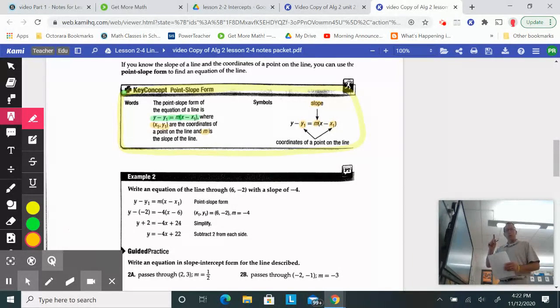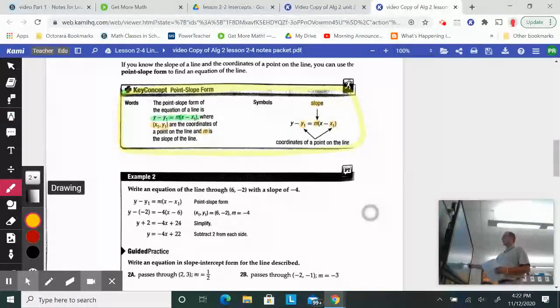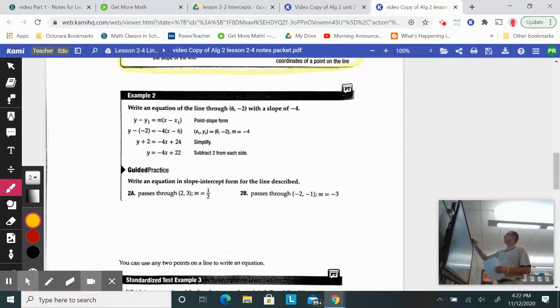So I do want to show you one example here. You can look for more in your textbook. But here in example 2 talks about writing an equation of a line that goes through 6, -2. There's a point, and it has a slope of -4.